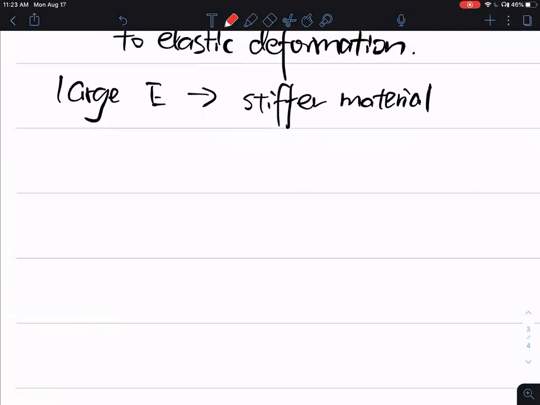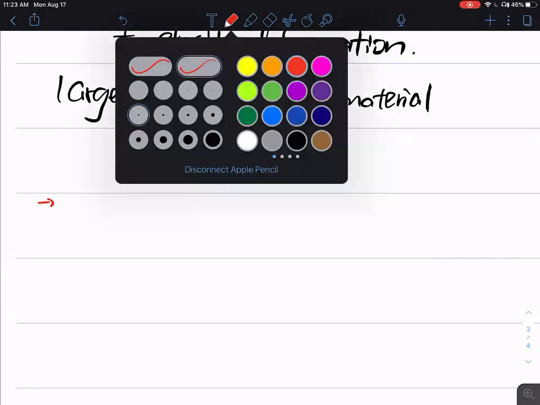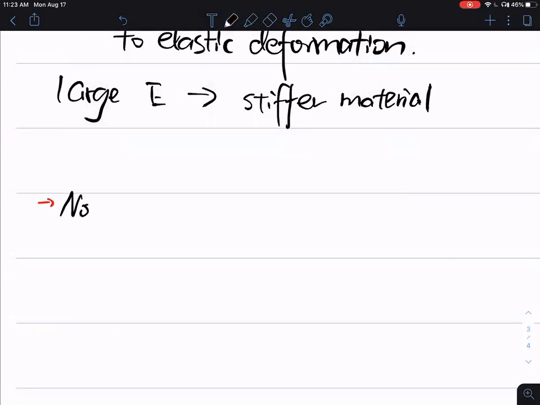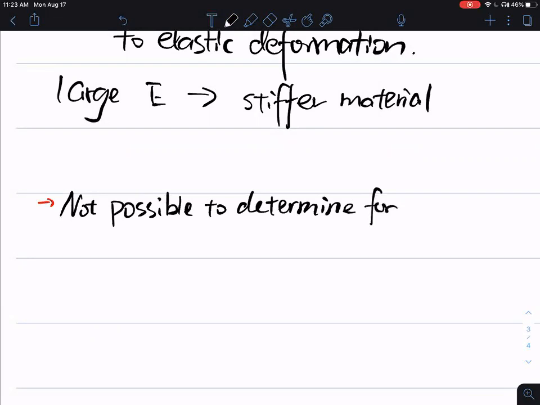When you have a condition that it's not possible to find the slope for some materials, that means this material has no linear region.